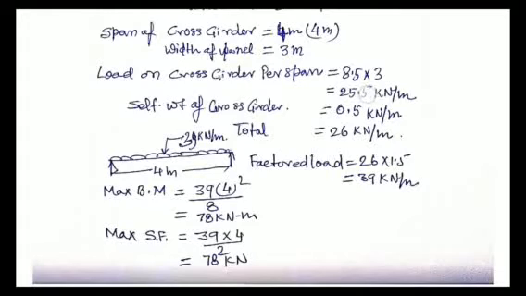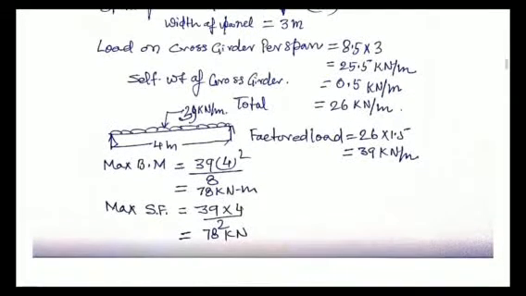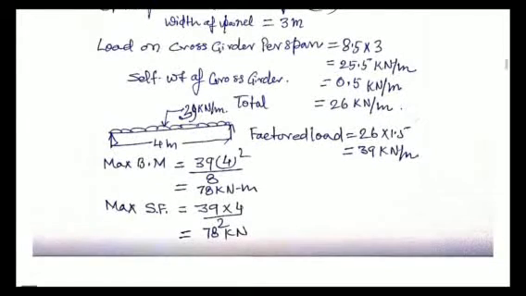So 8.5 multiplied by 3 comes out to be 25.5 kilonewton per meter. And self weight of the cross girder, you assume it 0.5 kilonewton per meter. So total load per meter on the cross girder comes out to be 26 kilonewton per meter.